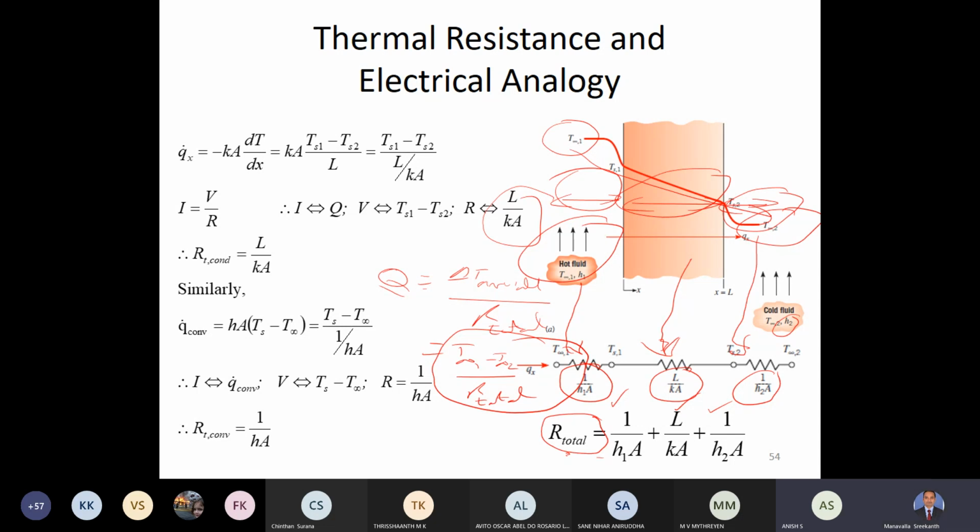So we can represent the electric motor itself as a network of thermal resistances, and we can evaluate the total thermal resistance, and also the temperature distribution at different points. That becomes an easy way of approaching a complex problem. For such applications, this thermal resistance network and electrical analogy concept has been used.